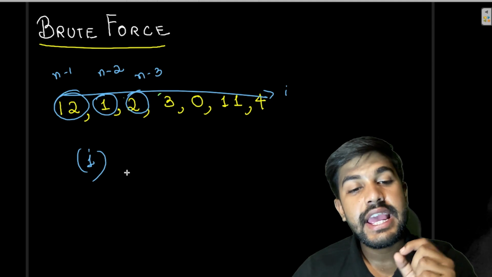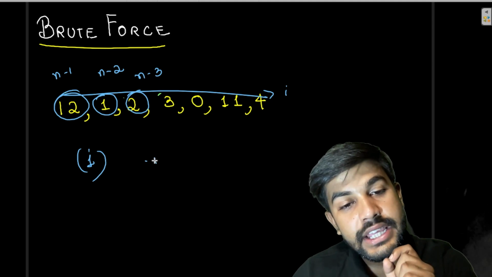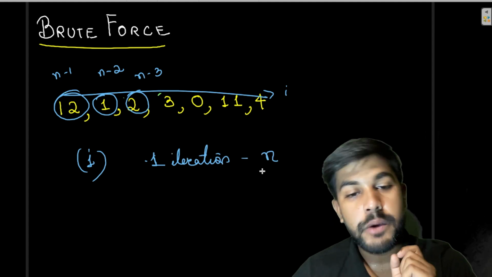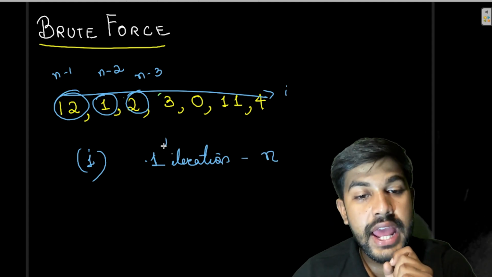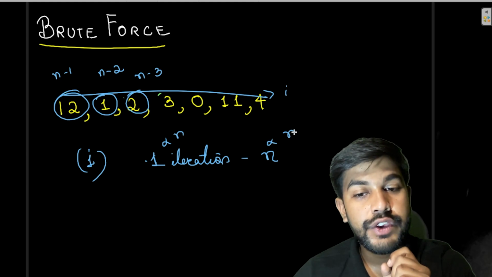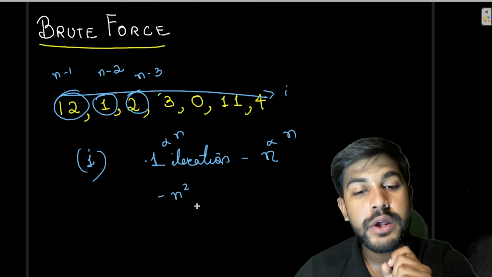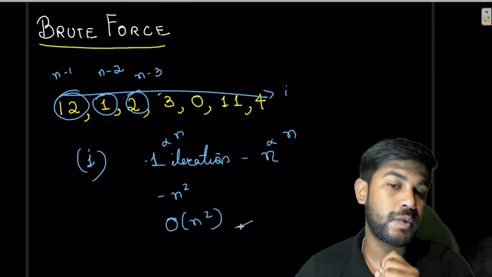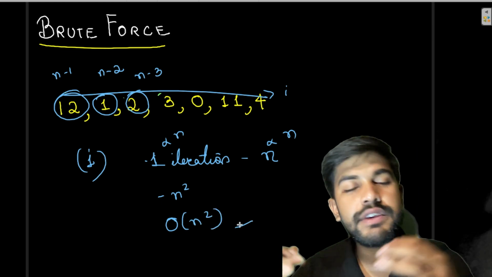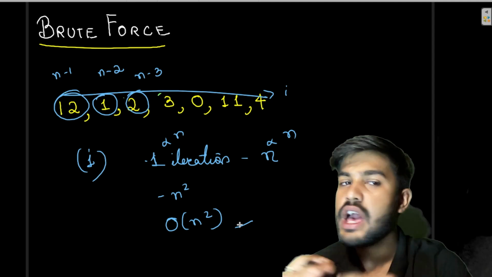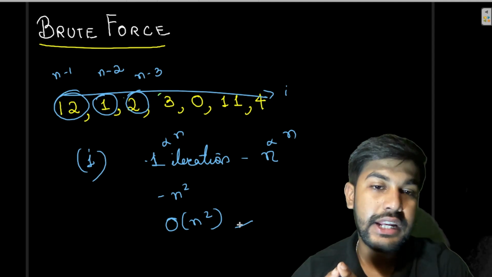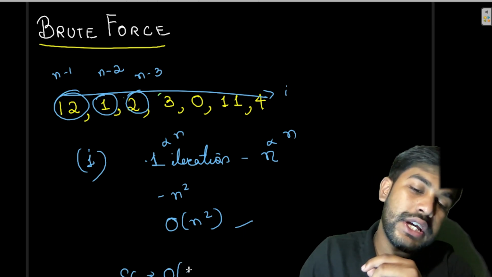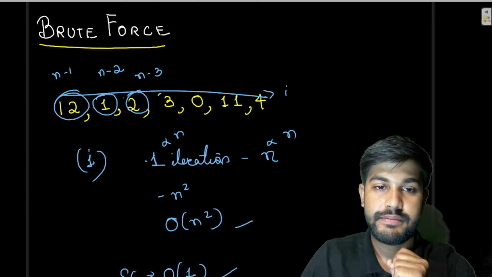So for n iterations, we would be doing n square operations. That is why the time complexity of this approach is n square. As we are just using loops and initializing variables, and not using any auxiliary data structure, the space complexity of this approach is big O of 1.